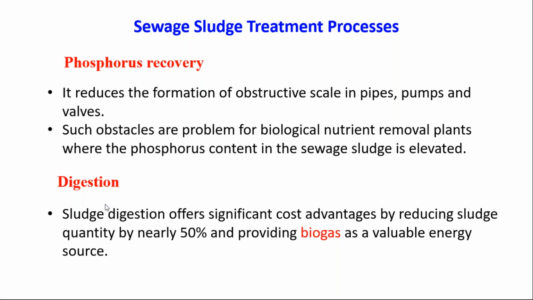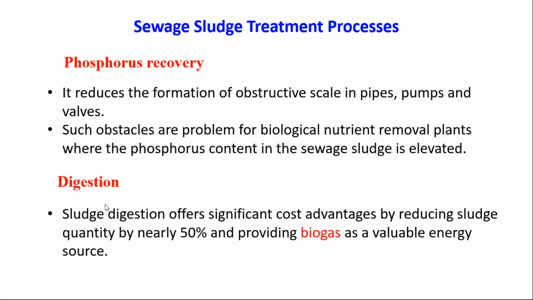That is why it is called anaerobic. The sludge is there, we are treating this sludge, and there is a blanket, that is why it is called an anaerobic sludge blanket reactor.